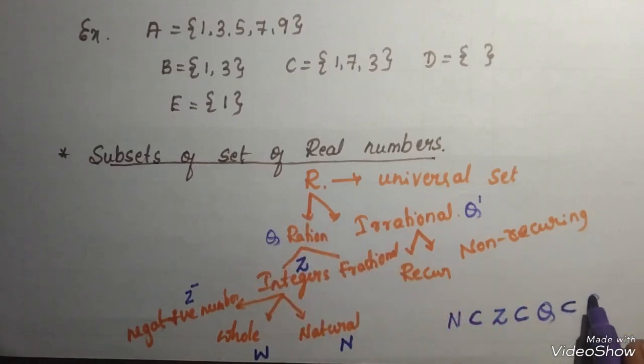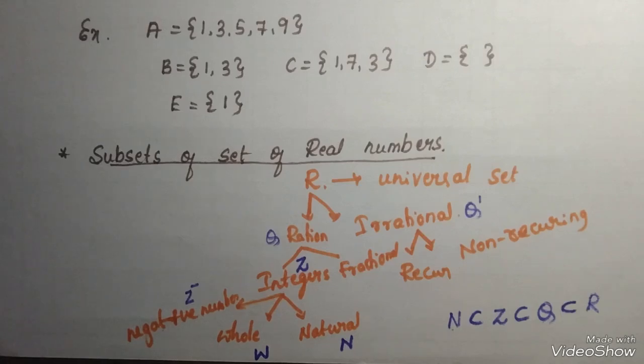Then R is the universal set. Q is a subset of real numbers, Z is a subset of rational numbers, and natural numbers are a subset of integers.